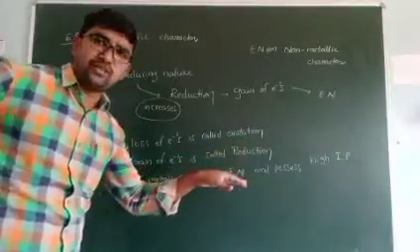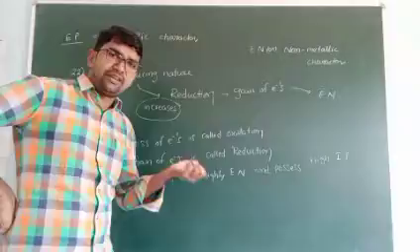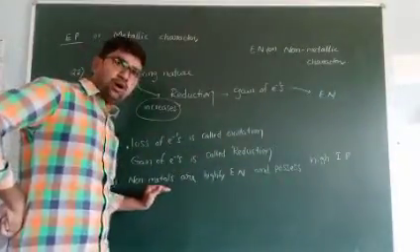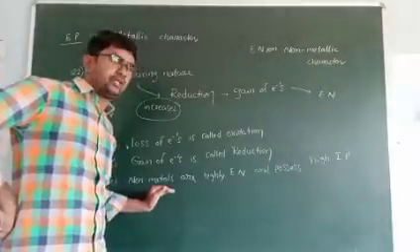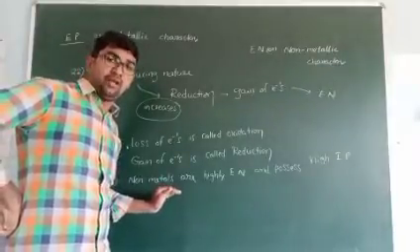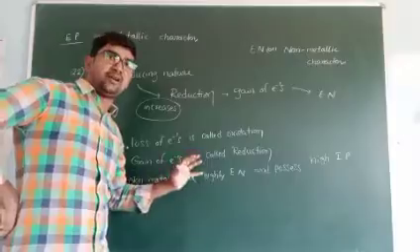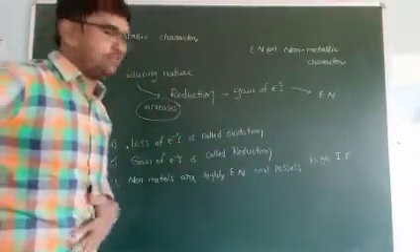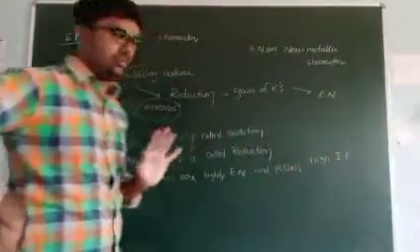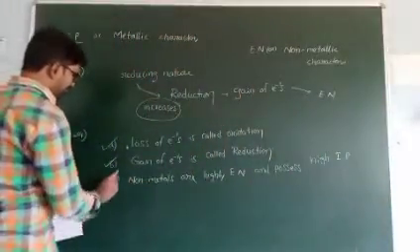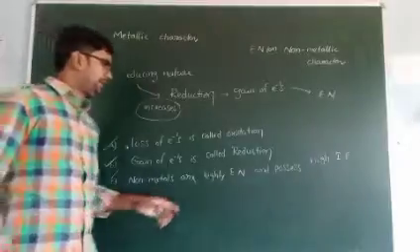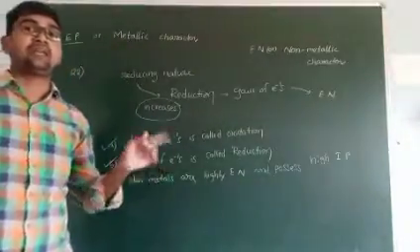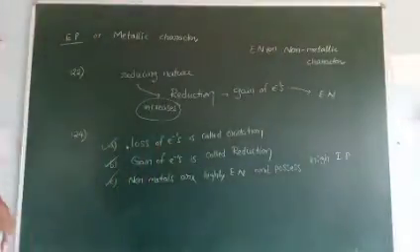Ionization potential means the amount of energy required to remove an electron. Non-metals are small in size, so they do not lose electrons easily. If anybody tries to remove an electron, it requires more energy. That's why they have high ionization potential. So it is also correct, because non-metals are highly electronegative and metals are highly electropositive.